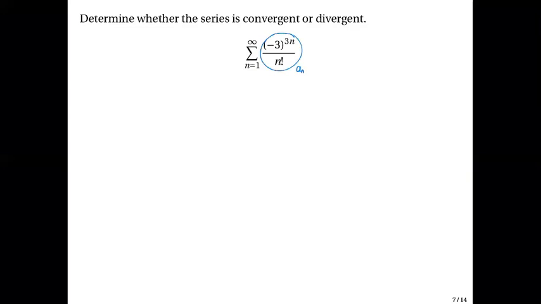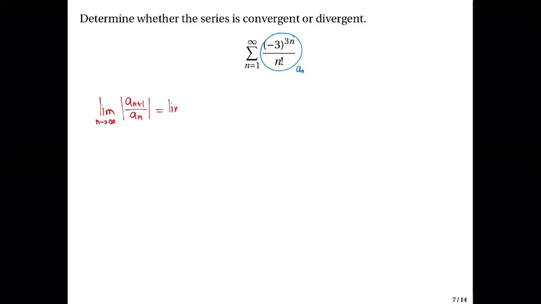So we want to get the limit of A sub n plus 1 over A sub n with the absolute values, as n goes to plus infinity. But this will just be what?